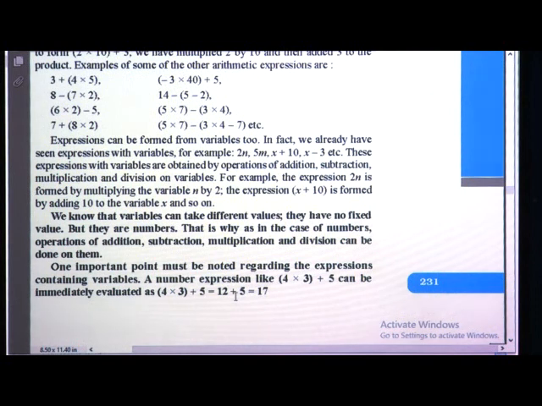A number expression like 4 into 3 plus 5 can be immediately evaluated: 4 into 3 plus 5 is equal to 12 plus 5 is equal to 17. That is, 4 3s are 12 and 12 plus 5 is 17. So, where we have arithmetic expressions, we already have the numbers and we can solve them immediately.